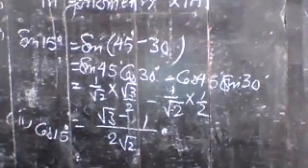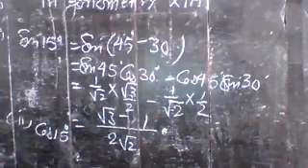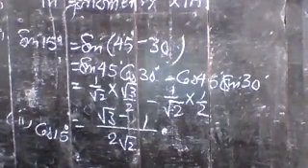In place of cos 15, you can write cos 45 minus 30 and then apply the formula for cos x minus y.